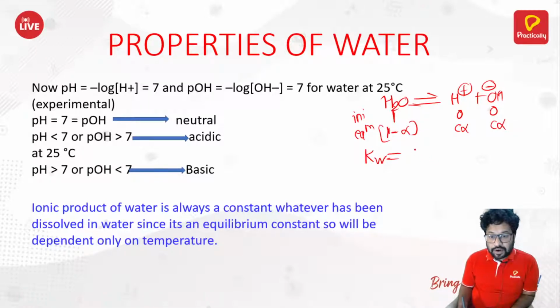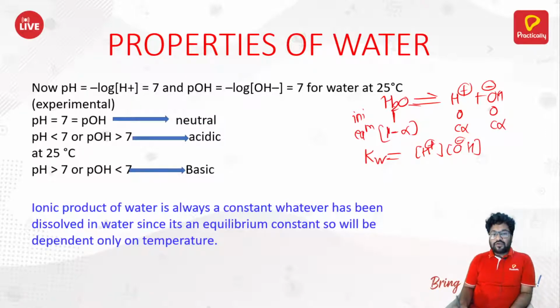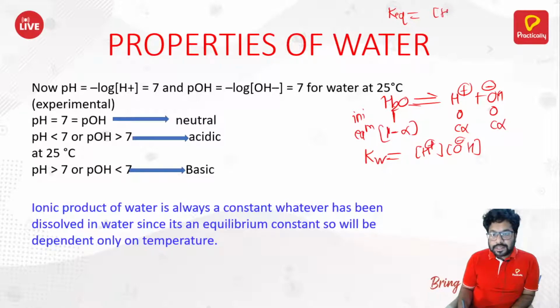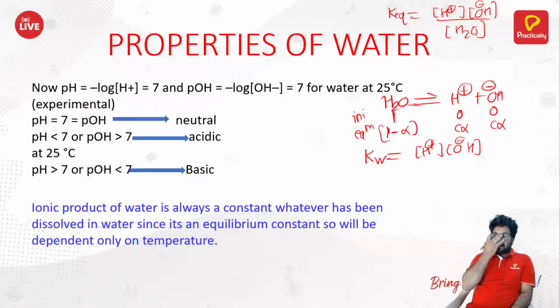So basically, Kw, or ionic product of water, is the concentration of H plus times the concentration of OH minus. Now you would say, where did this H2O go? So firstly we need to write K equilibrium. K equilibrium is equal to concentration of H plus and concentration of OH minus divided by concentration of water. Now see, water doesn't dissociate to that much extent.